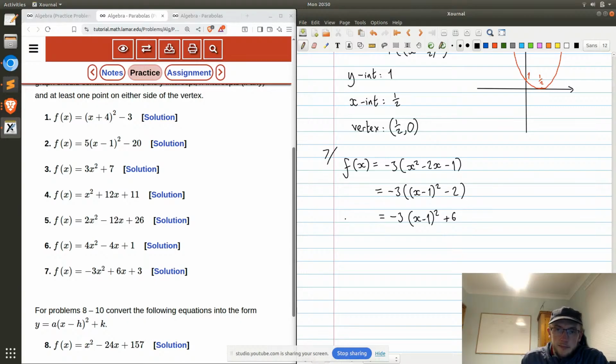So like that. Y-intercept of 3. X-intercept. One plus or minus root 2. Vertex. 1,6.